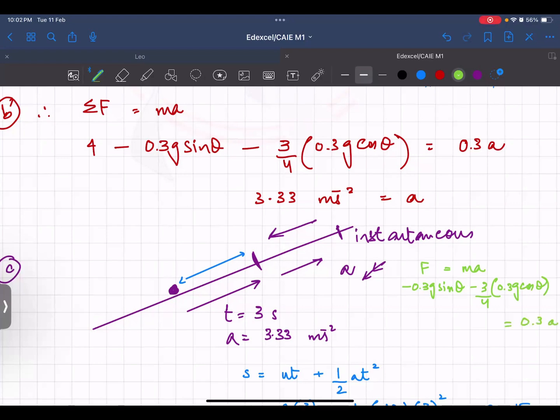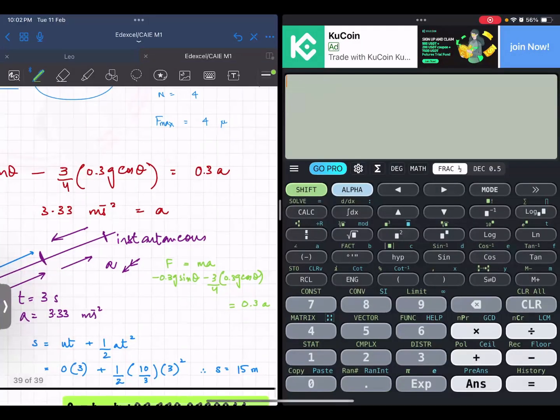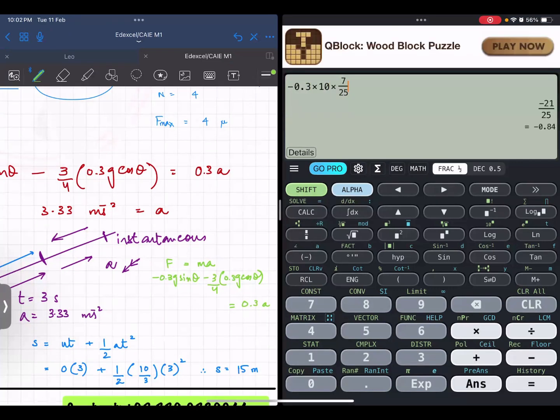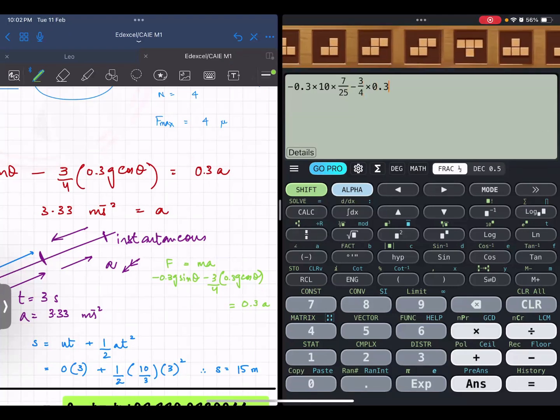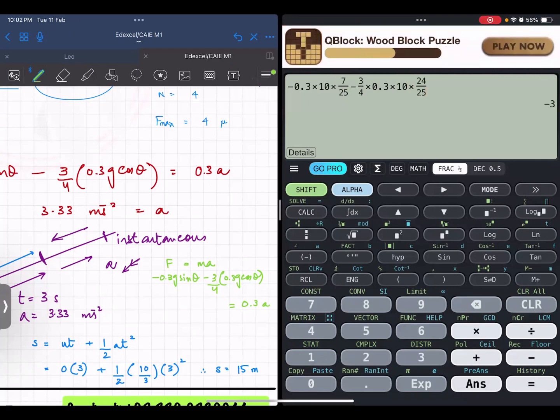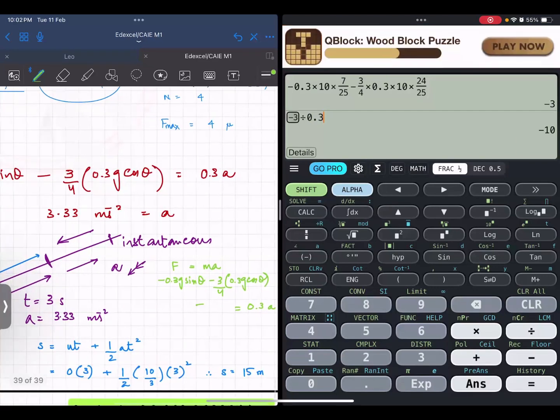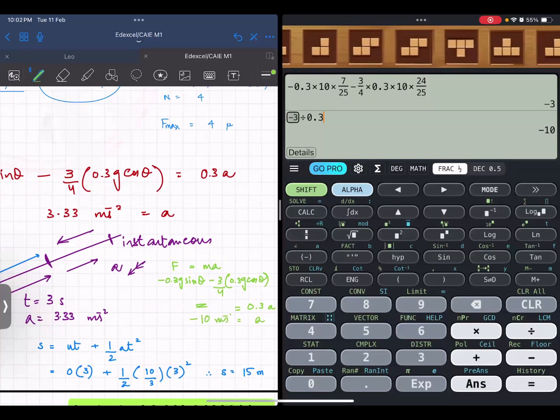So look, now your acceleration would come out as negative. Negative 0.3 into g into 7 over 25, minus 3 over 4 times 0.3 times g times 24 over 25. So minus 3. So this answer divided by 0.3 is minus 10. Acceleration is now minus 10 meter per second square.